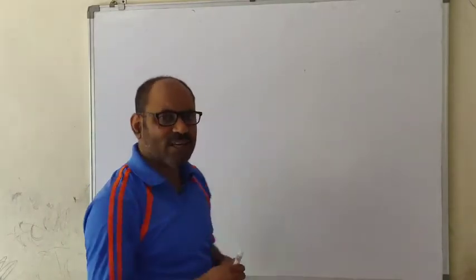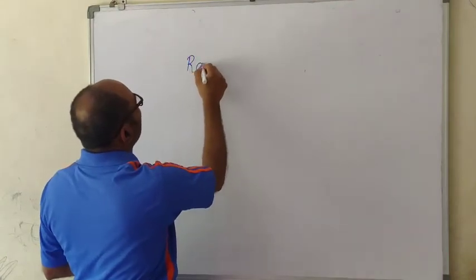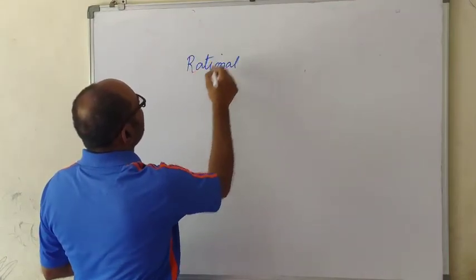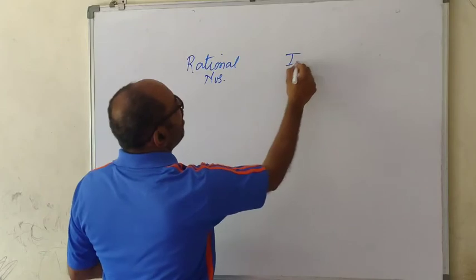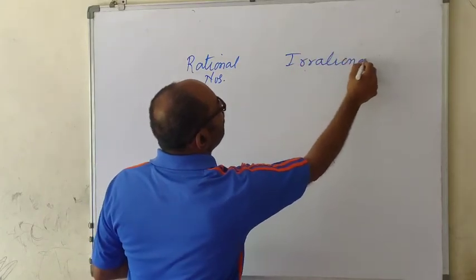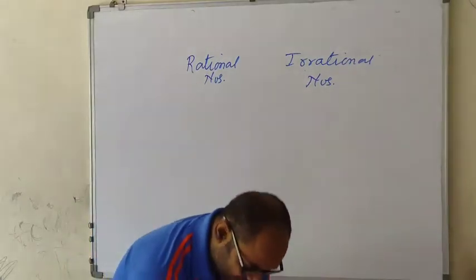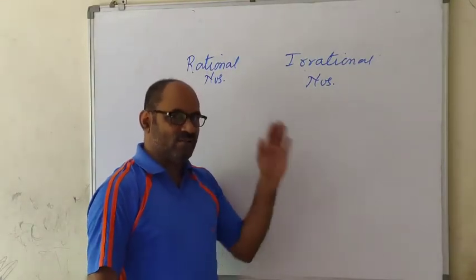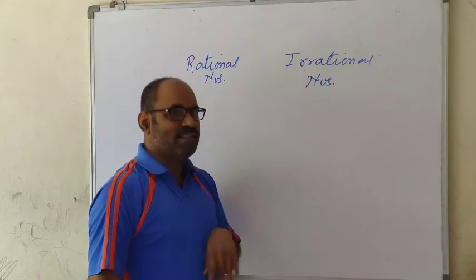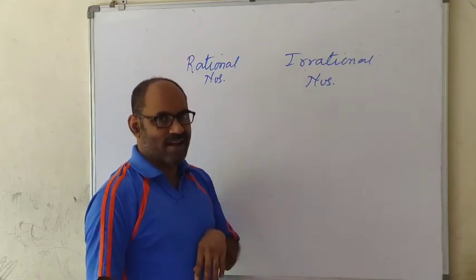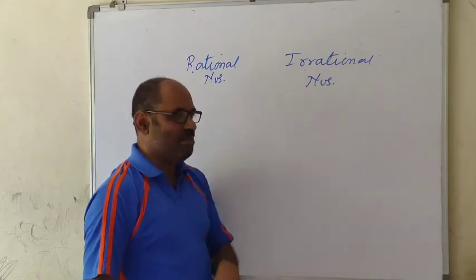First, let us see what are rational and irrational numbers. I won't go in detail because you have already learned in 9. And if you want to revise it well, you can see my video of standard 9. It's not yet prepared. I'm preparing it.